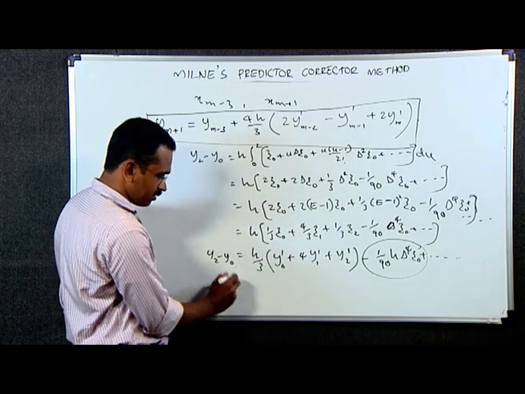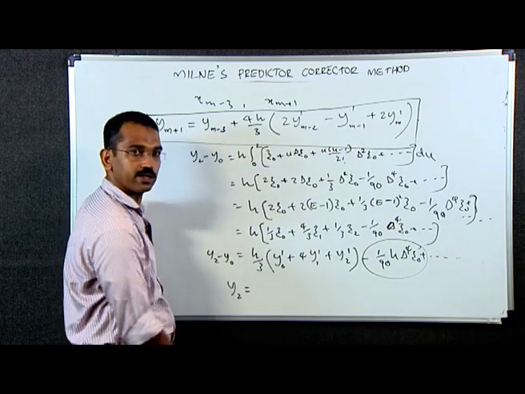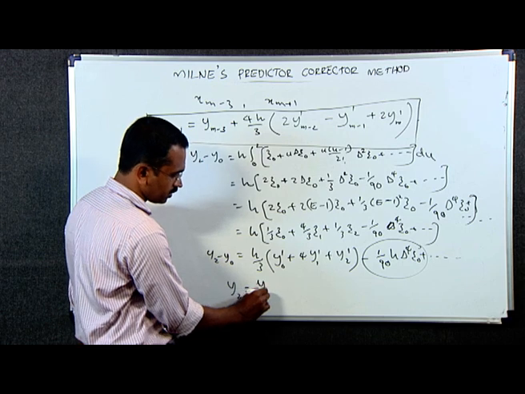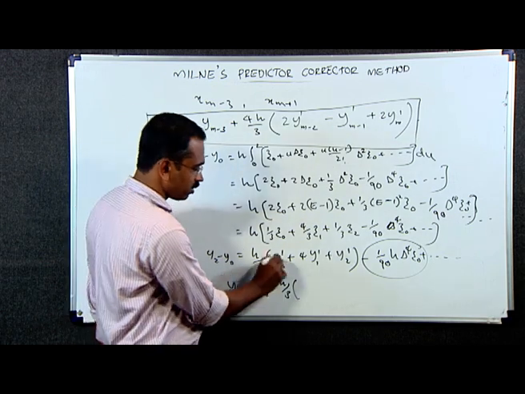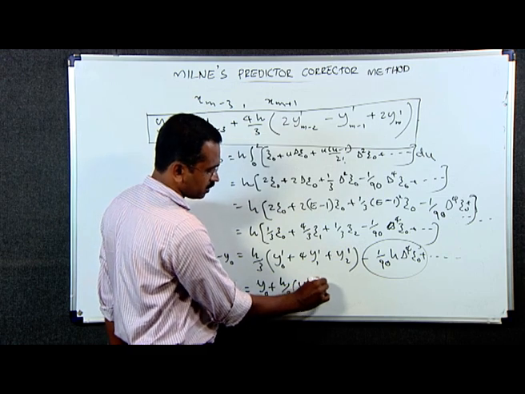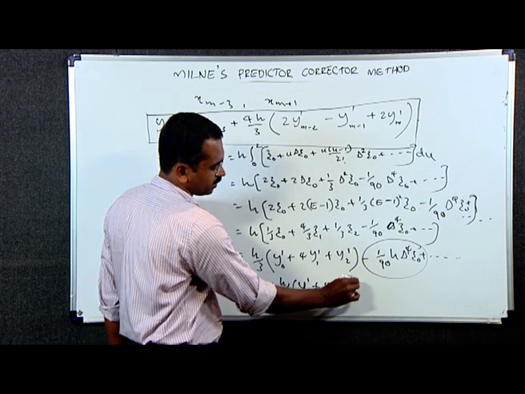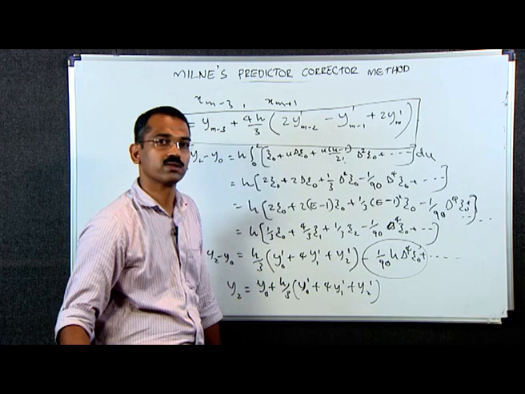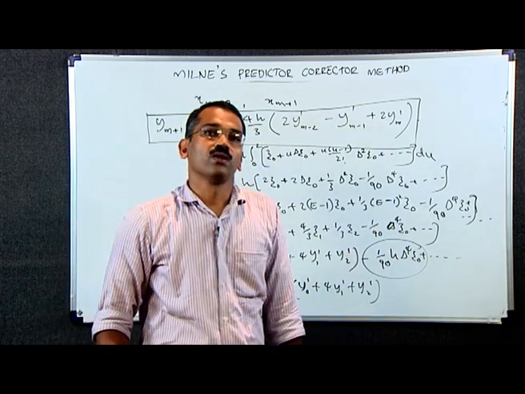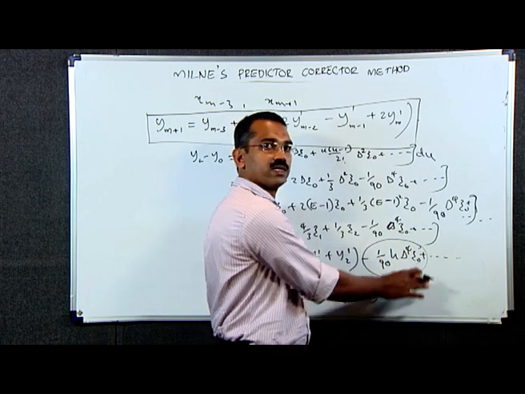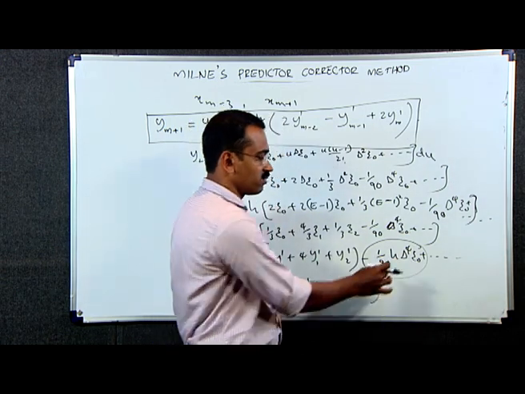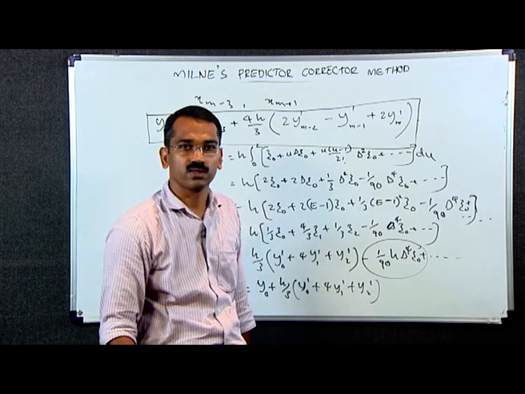From this, we can write y2 is equal to y naught plus h by 3 into y naught dash plus 4 into y1 dash plus y2 dash. Here the error is minus 1 by 90 into h into delta raised to 4 z naught, that is y naught dash plus etc.